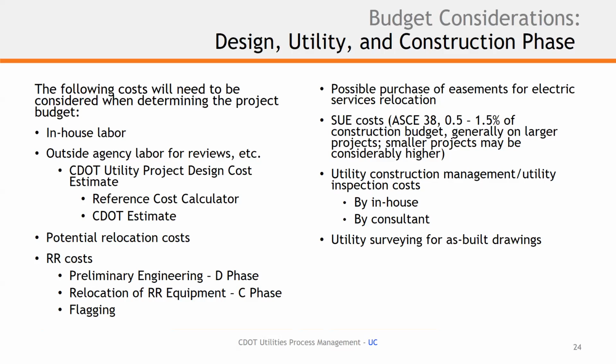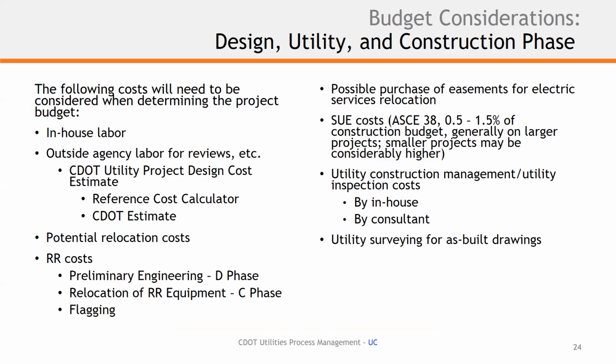So we have just, again, a range that we look at from a SUE perspective, a low cost or low risk at the low end at 0.5% of your construction budget to a bigger project that may be 1.5% of the construction budget. So if you have a $100 million project, it's a big project. It may be 1%, or $1 million, for your SUE budget just right out of the gate.